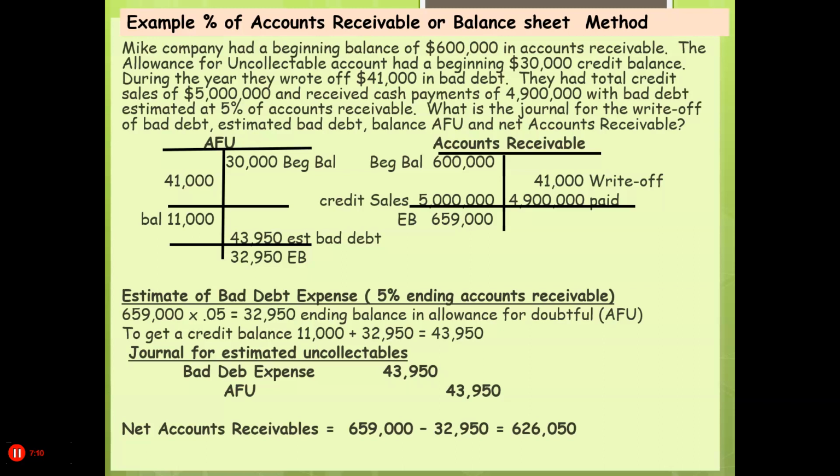So remember, normal companies would use percentage of sales during the year, and then at year end they would come up with an estimate based on the balance sheet, and they can do aging of accounts receivable, which normally is just done on the computer. That's the only reason I didn't cover it, or percentage of accounts receivable.